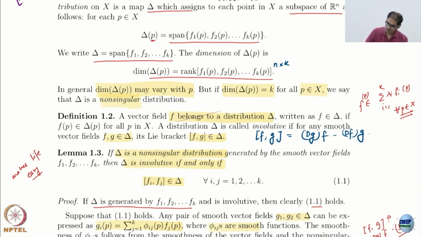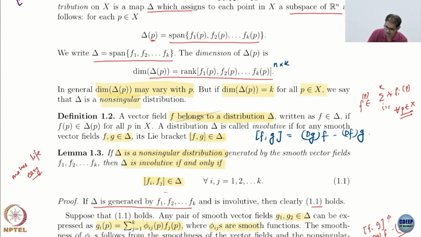If I just go by this definition, if any two vector fields belong to the distribution, their Lie bracket must belong to the distribution. That is what involutivity is. So if I have F1 to Fk, there are k such vectors. Can you imagine how many combinations I have to check? Many, because it's not that simple.